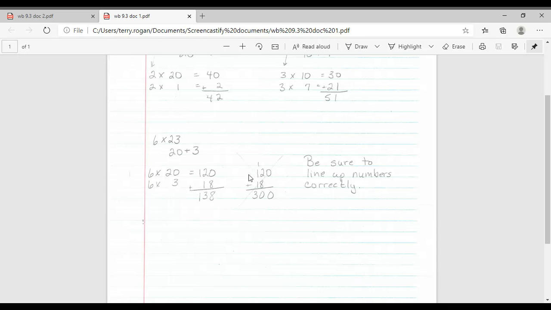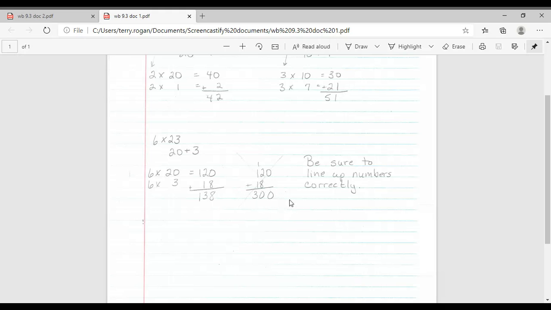I've put over here an incorrect way of doing this to remind you to be sure to line up your numbers correctly. If you had inadvertently written 120 like this and 18 like this, so you didn't line up the ones with the ones, you lined up the ones with the tens, when you added them up, you would get 300.